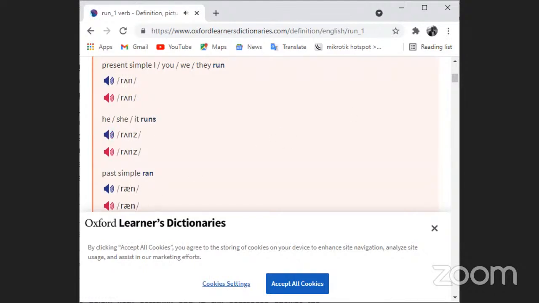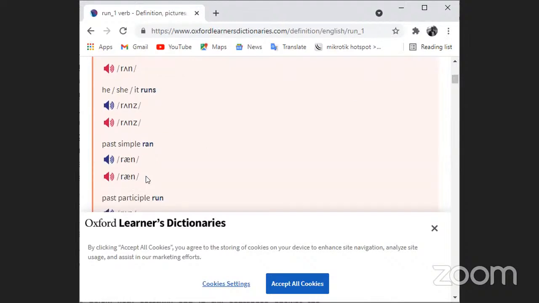Then this one is the one you meant, Shivan, isn't it this one? Yes. Okay, now we are going to play it. Ran, ran. So it is not re.